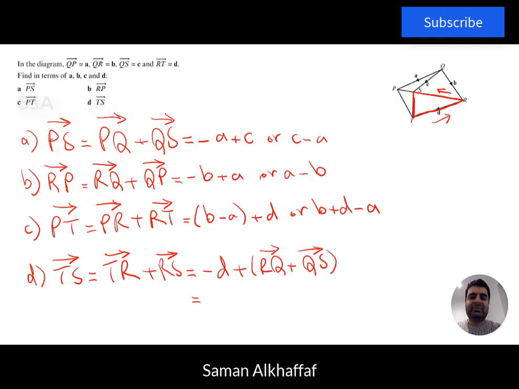So that will give us minus D plus the combination of the two, minus B plus C. To simplify this expression, we can write it as C minus B minus D, which will be our answer for finding the vector of TS.